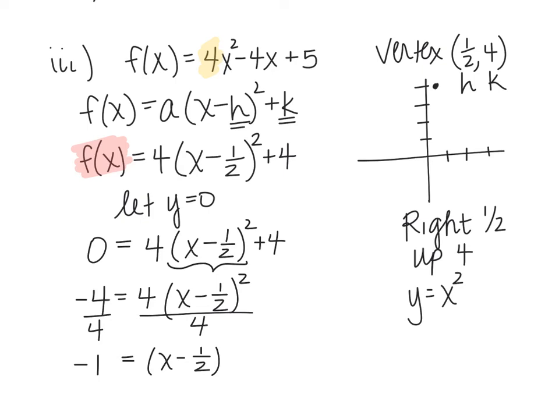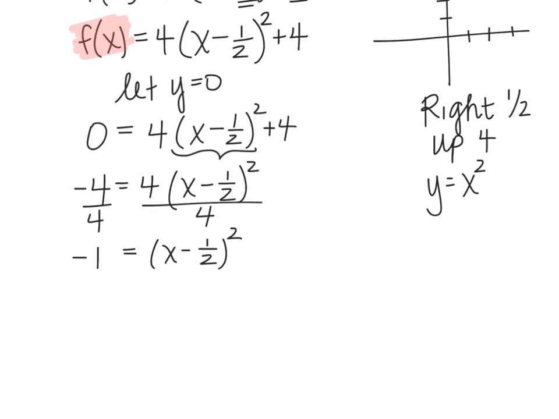I want to isolate that quantity squared because ultimately I want to use the square root method, which means I am going to square root both sides here in order to undo that quantity that's being squared. So when I'm square rooting both sides, this is going to give me plus or minus the square root of negative 1 is equal to x minus 1/2.